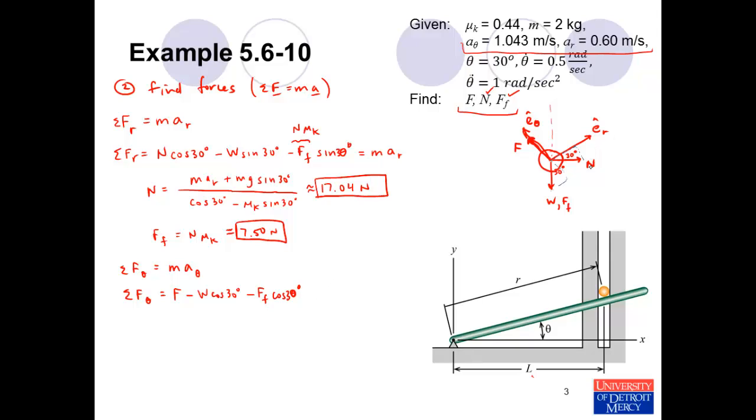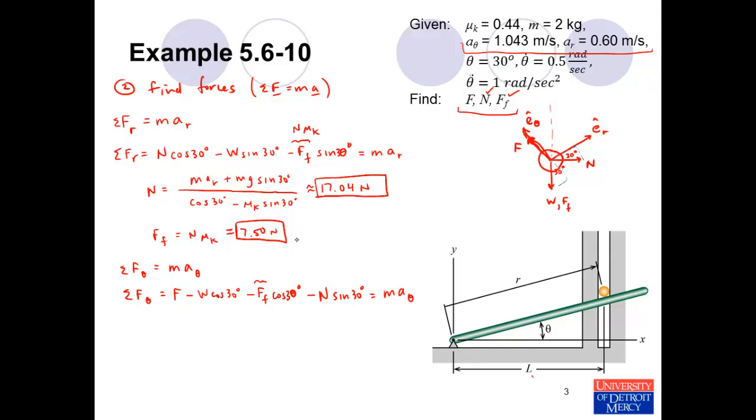And then the normal force also has a component in the transverse direction. If we look at the triangle, it's also in the negative transverse direction. In this case, it's the side opposite the 30 degrees, so we'll use sine. That's equal to mass times the transverse component of acceleration.